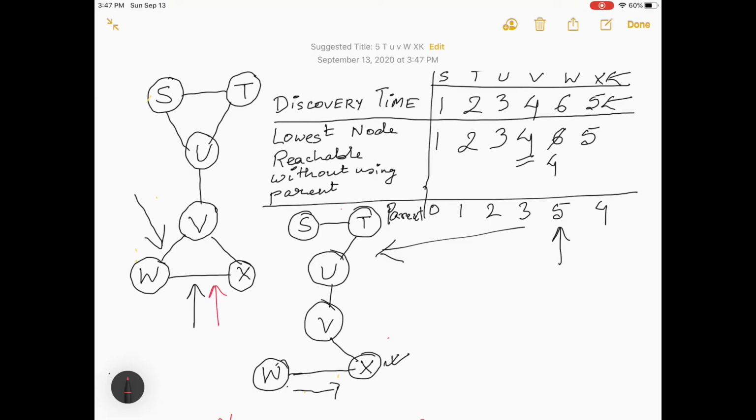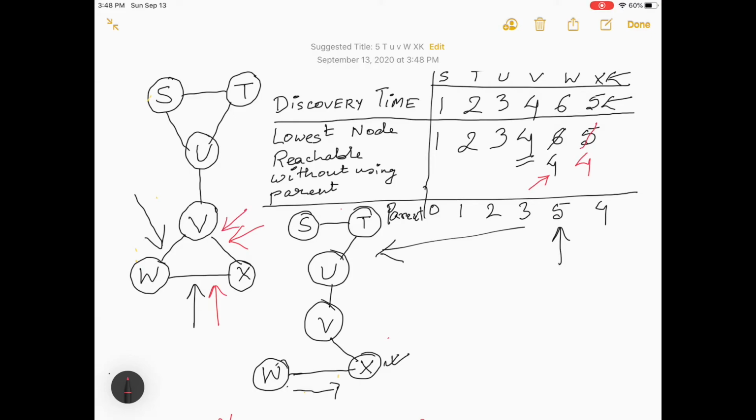For X we have two adjacent edges. We check with W. W has the earliest reachable node as 4, and the current earliest reachable node of X is 5, so we take the min and make it 4.